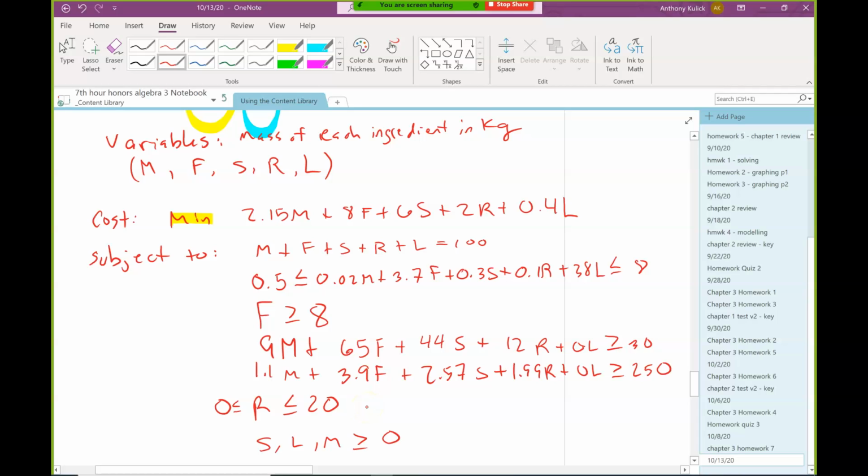I don't have to do that for F though. It's not wrong to list it for F, but we don't need to write it. Why can we skip it for F? Because we already know that it has to be greater than 8, and clearly that's bigger than 0 already.